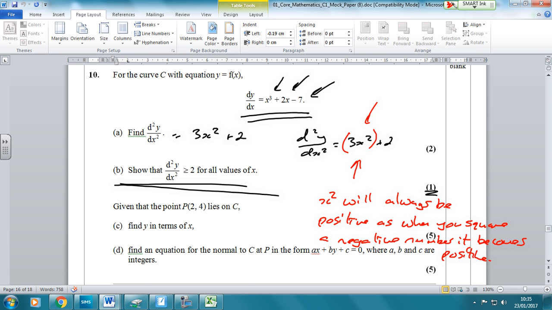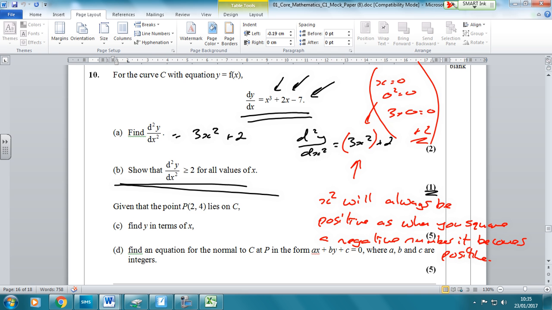So the smallest this could ever be is when x is 0. x equals 0. So 0 squared equals 0. 3 lots of 0 equals 0. So we're still left with plus 2. So you don't actually need this bit here.